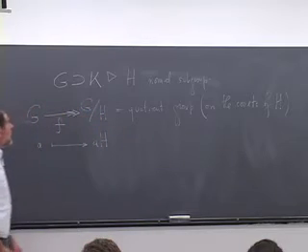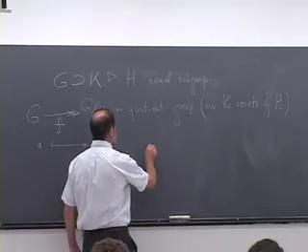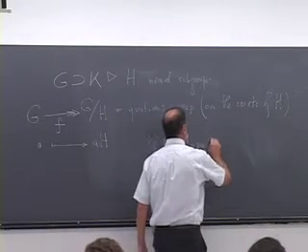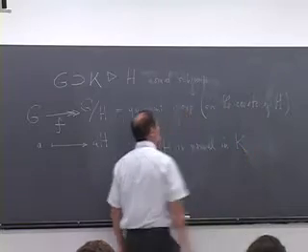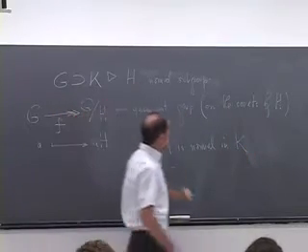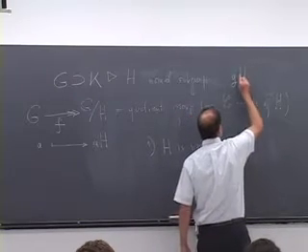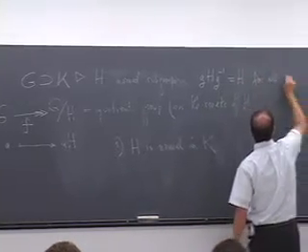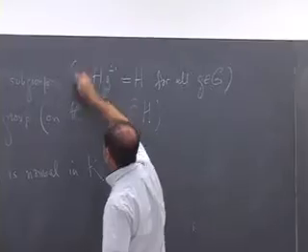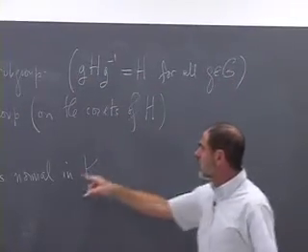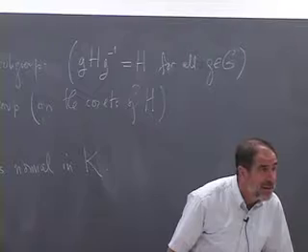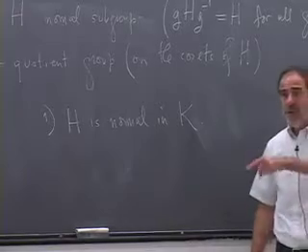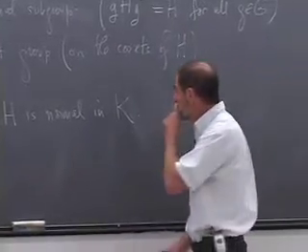Then the claim is, first, that H is normal in K. That's easy, because to say H is normal in G means that for any g in G, gHg inverse is equal to H. Now, if this is true for all g in G, it's certainly true for all g in the subgroup K, which is the statement that H is normal in K. That's easy.